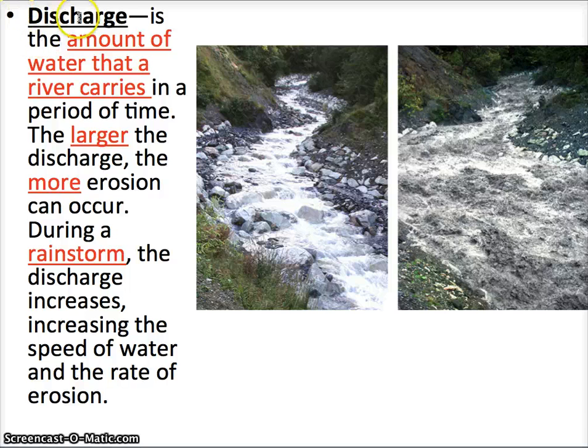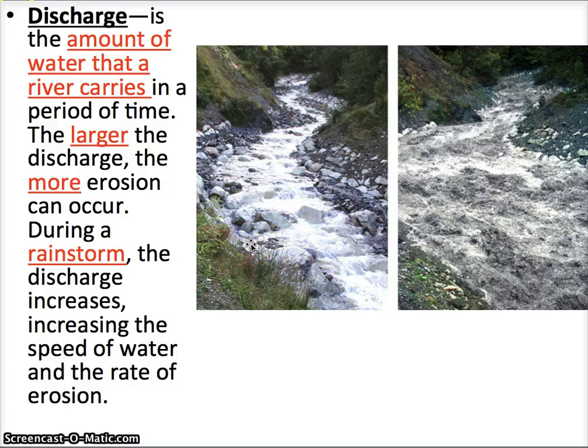The word discharge refers to the amount of water that a river can carry. So the larger the discharge, that means the more water there is, the more erosion can occur. This picture shows the same river. This river is during a normal sunny day, and you can see the discharge is not that much.